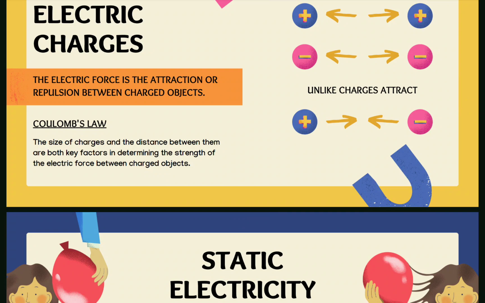These two factors only. What two factors? First factor is the size of charges. Second factor is what? The distance between them. Only these two factors are responsible to determine what? How strong is the electricity, how strong is the electric force. Now, what does that mean? How strong is the electric force?